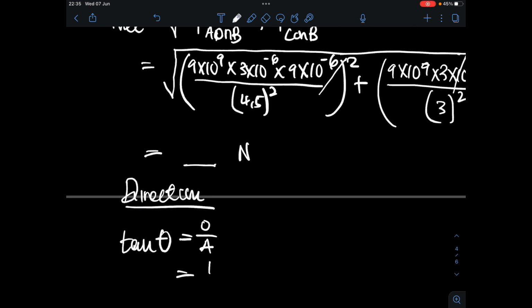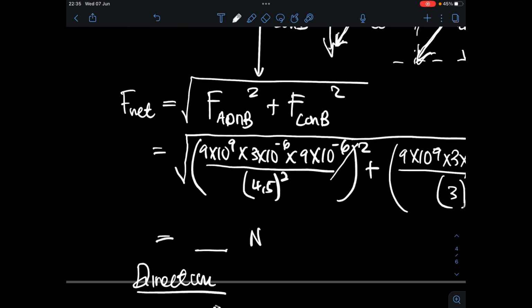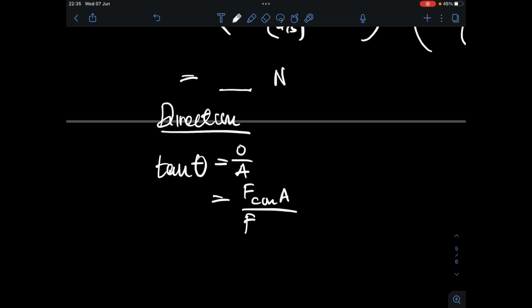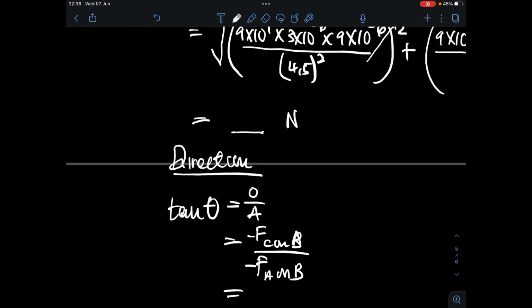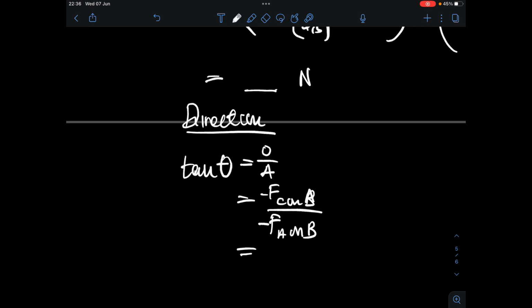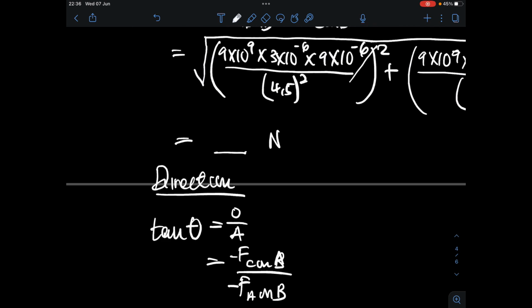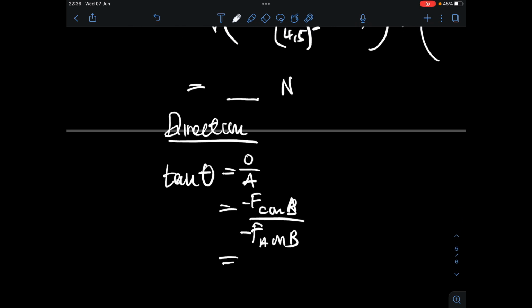Our opposite is the force of C on B divided by the force of A on B. They're both negative, since one is going to the left and the other is going downwards. Negative divided by negative will make what? Positive. Since I do not know the answer here, you say arctan.